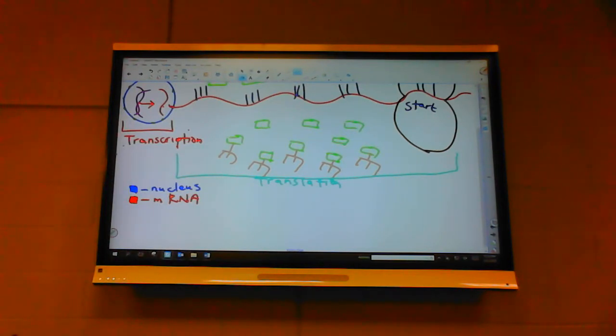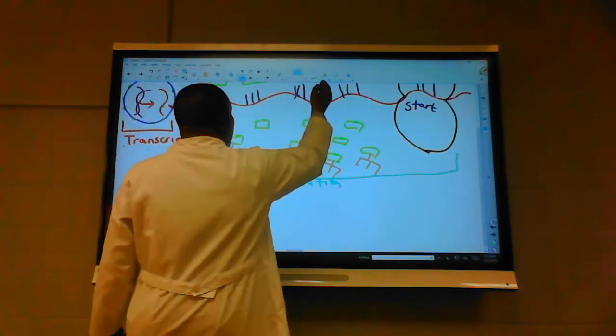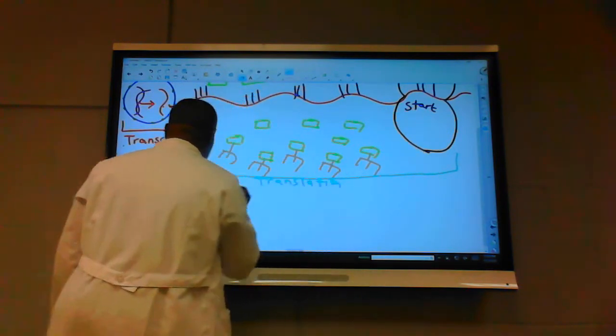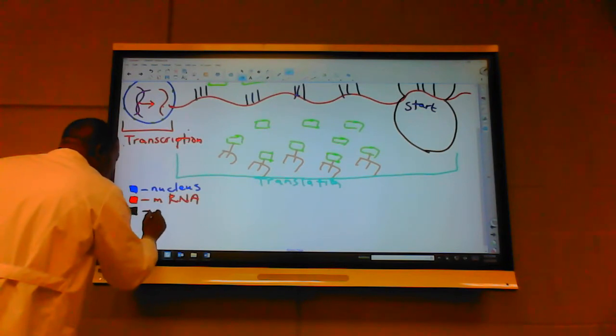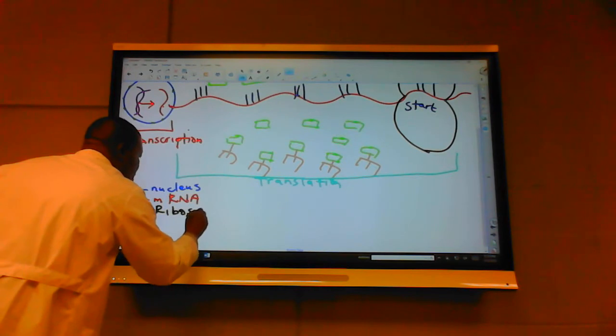Next, let's go to the black. Mine is black; I'm not sure what color you use. That's the ribosome. So make your legend: ribosome.